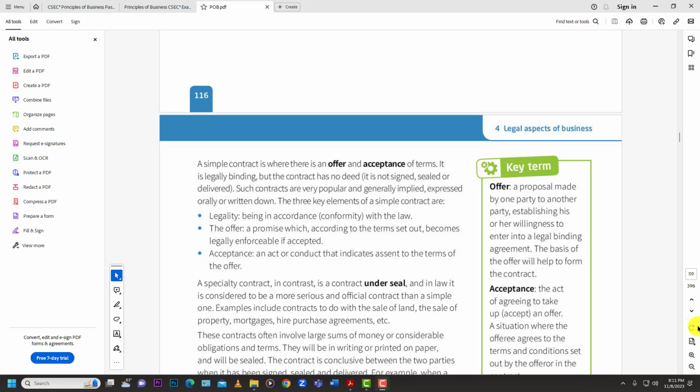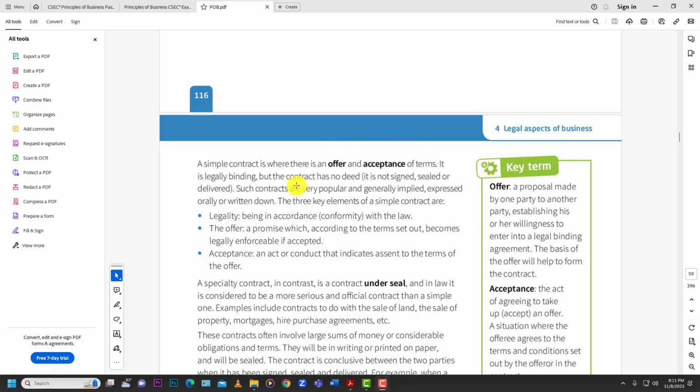The basis of the offer will help to form the contract. So again, it's you showing your willingness to enter into a contract based on your terms. That's an offer. But remember, a contract is not made until there's acceptance.